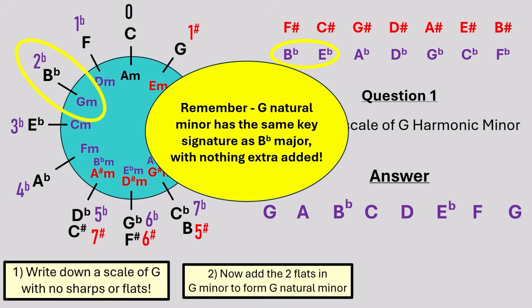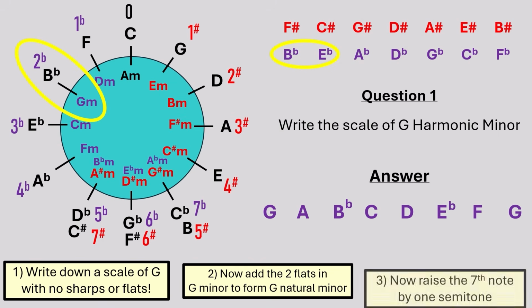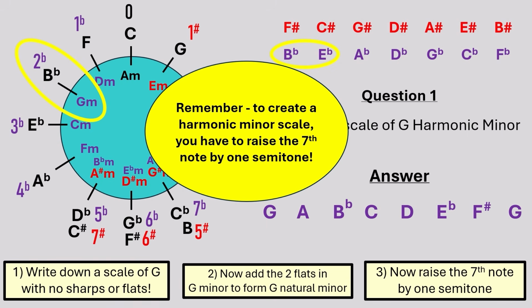Remember, G natural minor has the same key signature as B flat major with nothing extra added. Next, raise the 7th note by 1 semitone. Remember, to create a harmonic minor scale you have to raise the 7th note by 1 semitone.